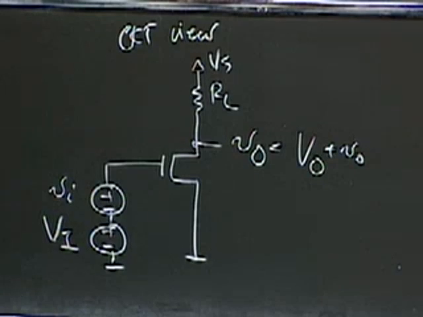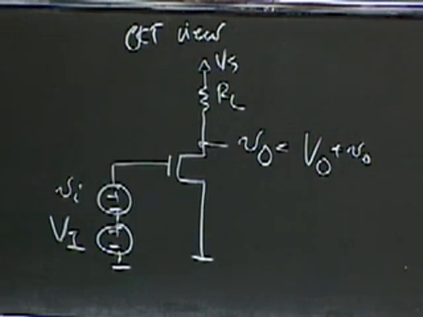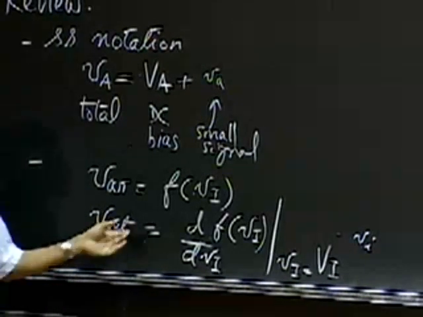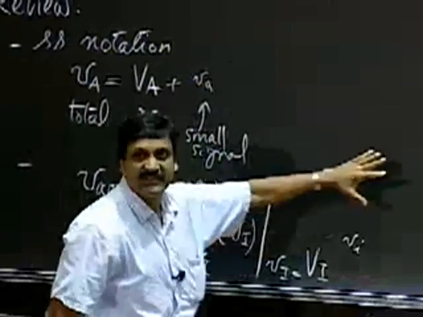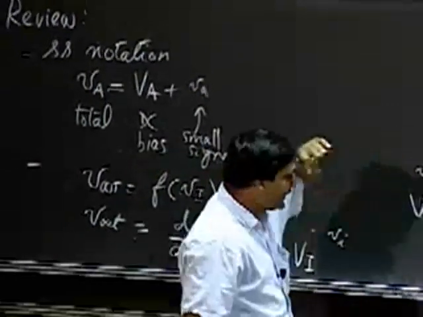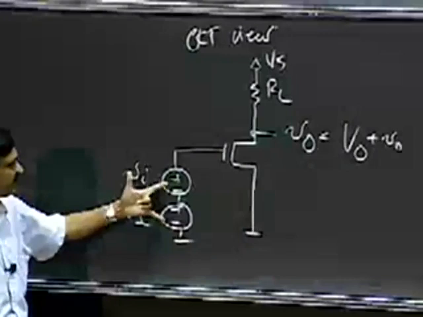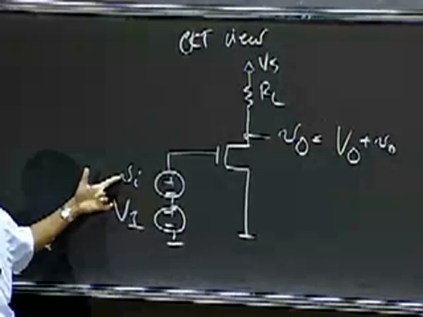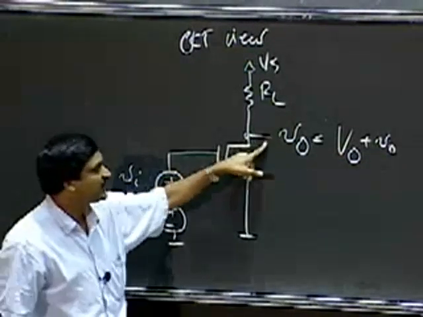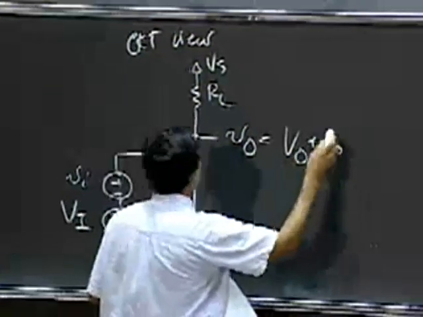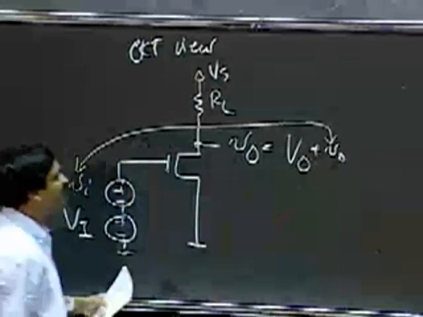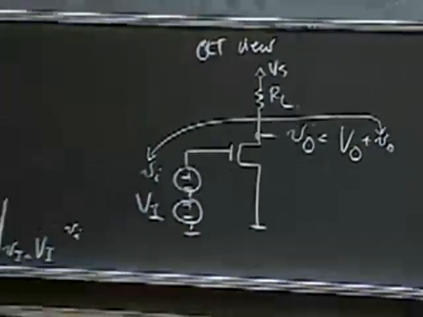So what we've done here is mathematically computed small v out. And what I'm showing you here is that to get the same effect in a circuit, you build your circuit and replace what used to be a total variable with a DC bias plus a small change. And then you'll get your output here. And this output will relate to this input using this expression.